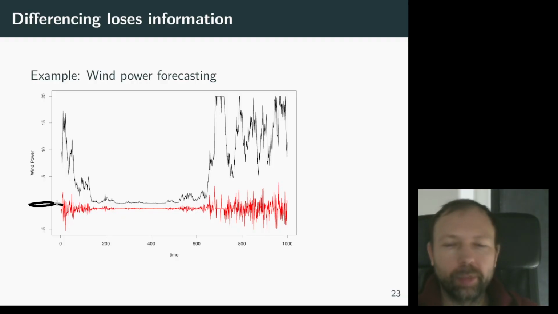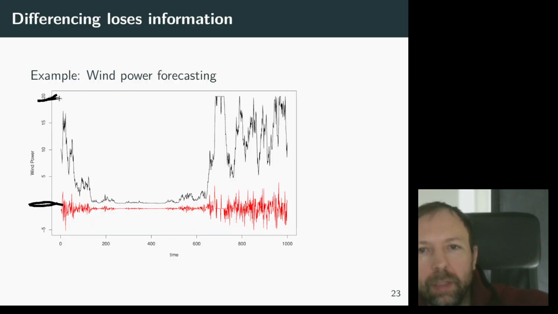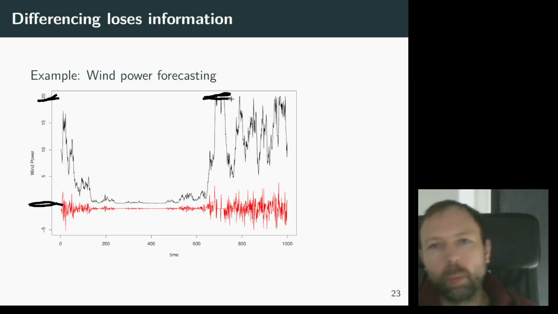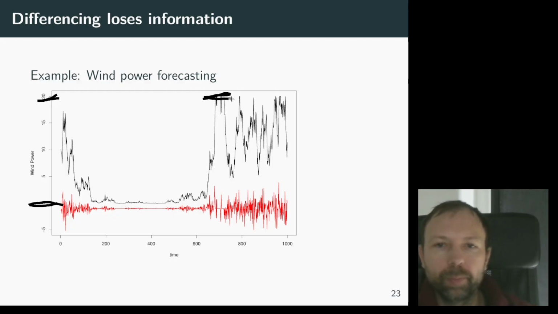And then these turbines have a maximum of what they can produce, and then they stay there. And if the wind blows even more, then they even switch off, right? So what we see up here is a lot of wind, so it's producing at maximum. Okay, so now we difference.